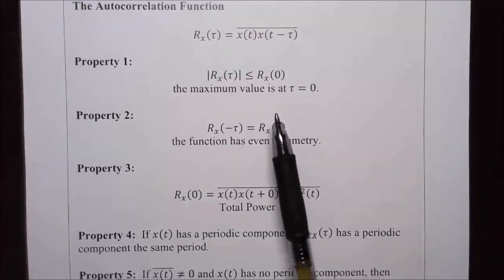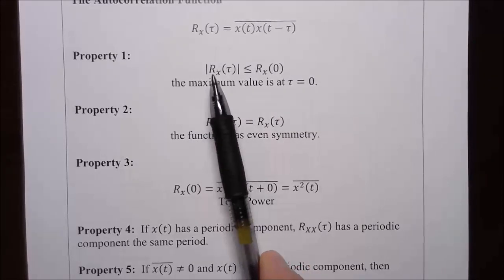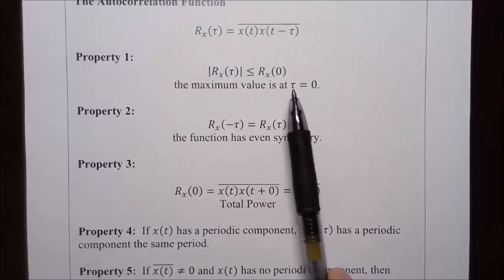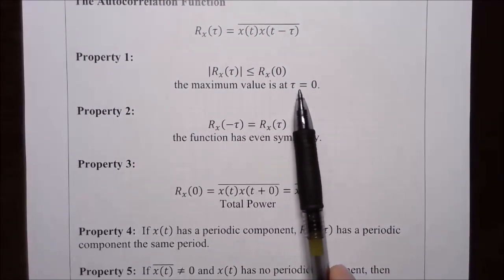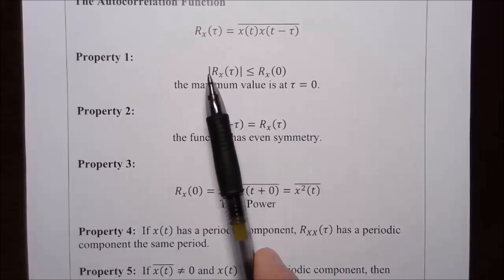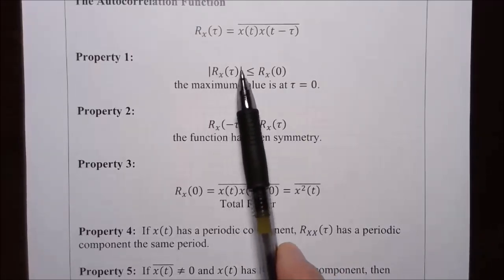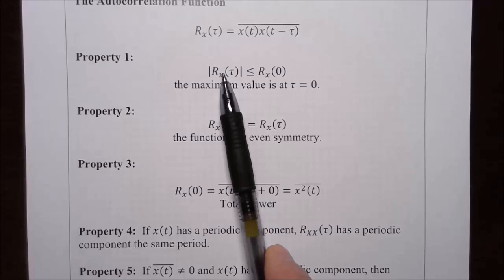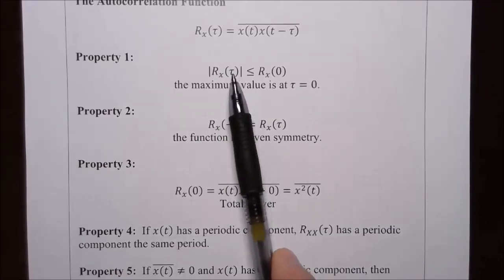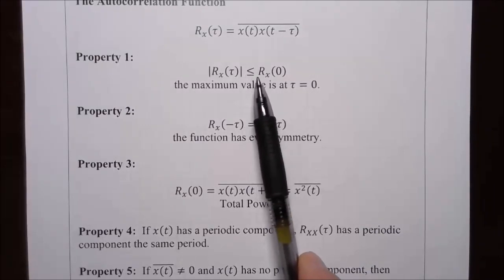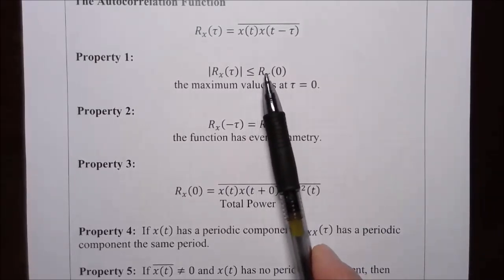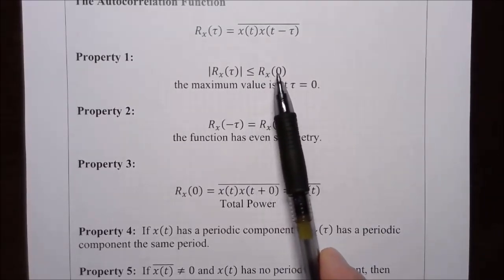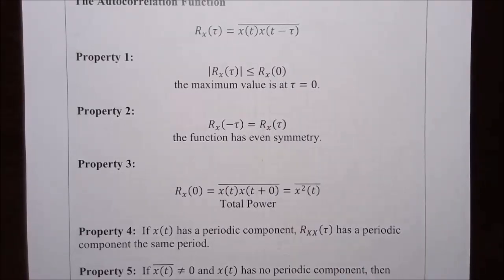Properties of the autocorrelation: first of all, it has a maximum value at time shift tau equal to 0. So the absolute value of the autocorrelation of tau is always less than or equal to the value R x at tau equal to 0. And this is always a positive number.